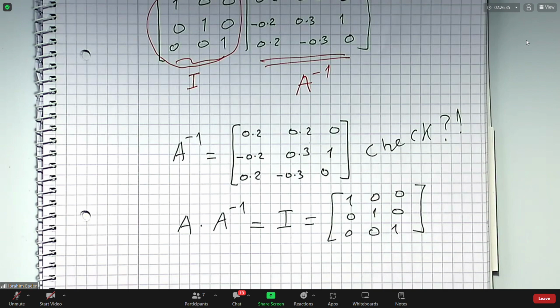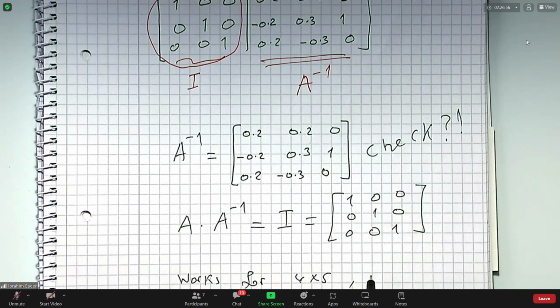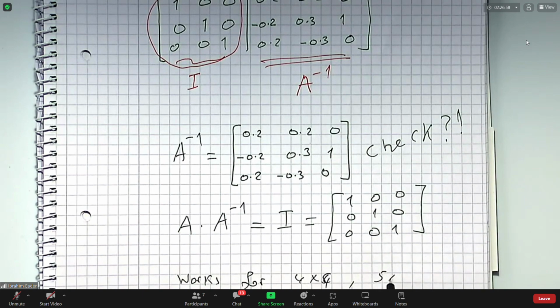And okay, so to summarize this, this method actually works also for 4x4 and 5x5 matrices, etc. So this method will work.